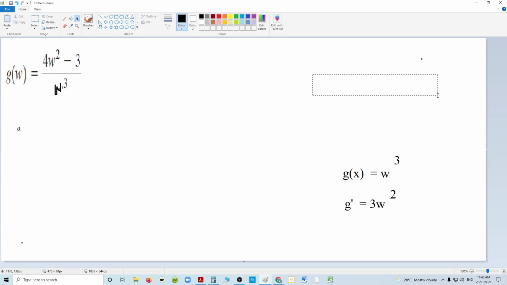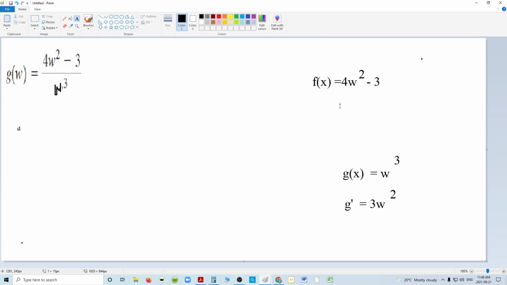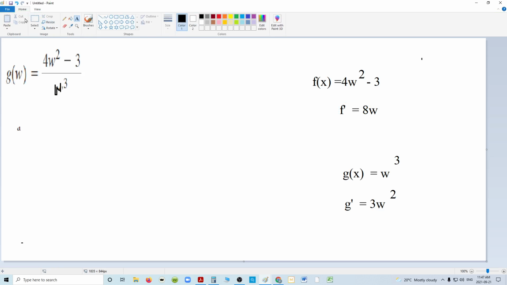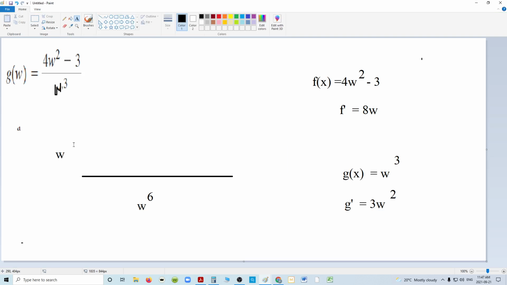The top function is 4w squared minus 3, which means the derivative of the top function is 8w. You take the whole thing, you're going to square the bottom. What's w cubed squared? w to the 6. Learn your power rules. You're going to take the bottom term, and you're going to multiply it by the derivative of the top function. So you're going to get 8w to the 4.